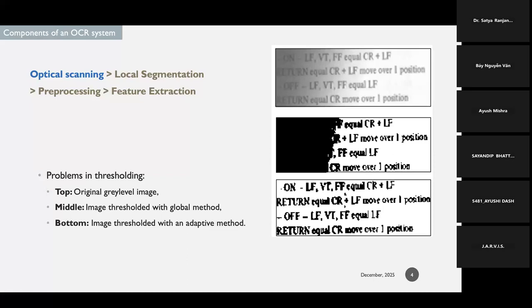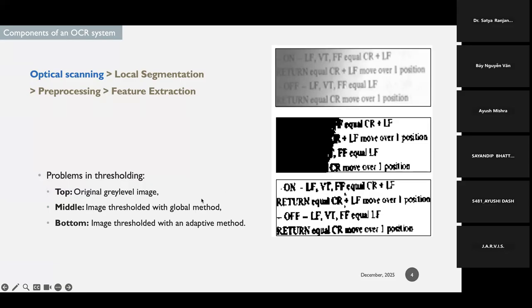As you can see here, briefly, it's about the problem in thresholding. We have three images at the top, in the middle, and at the bottom. At the top is the original gray level image. When we threshold the image with the global method, like this, we can't see a lot of things, like in the left part.